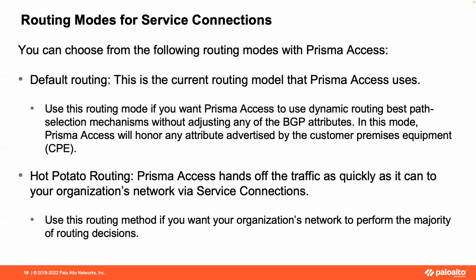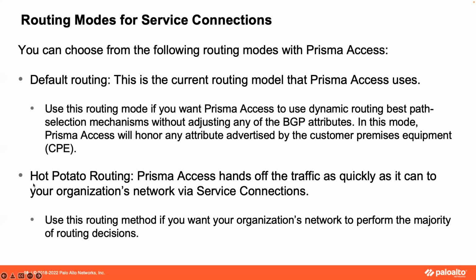You don't have to do a thing. And if we need to route outside of Prisma Access, then we will go down to service connection and route wherever we need to go.